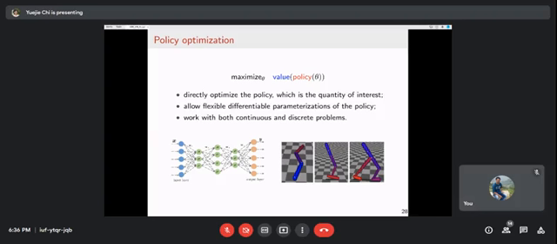This also allows us to harness the power of very flexible parameterizations of the policies, such as deep neural networks, to be embedded very easily into this optimization framework. And we can work with hybrid problems very conveniently, where the action space may take both continuous variables and discrete variables.